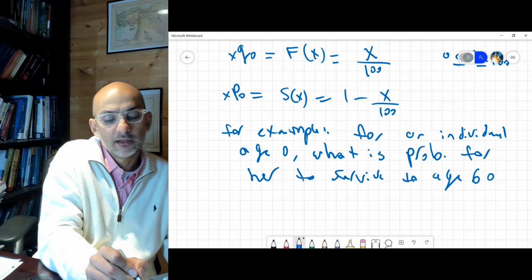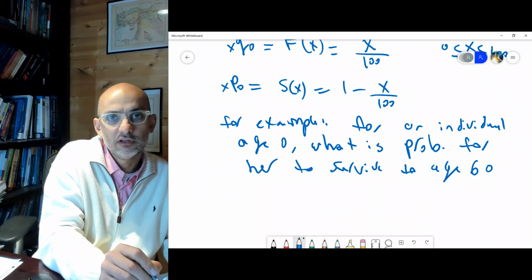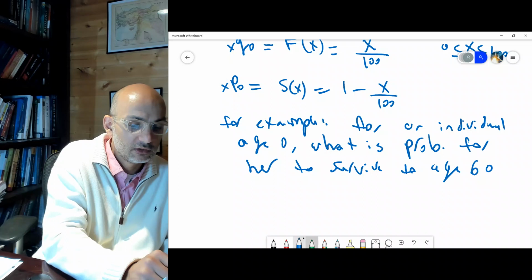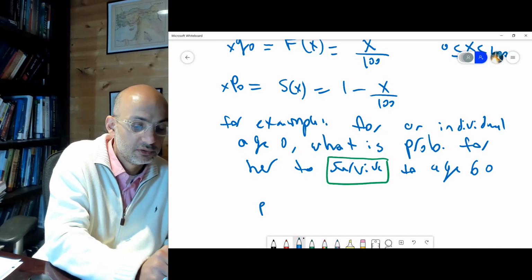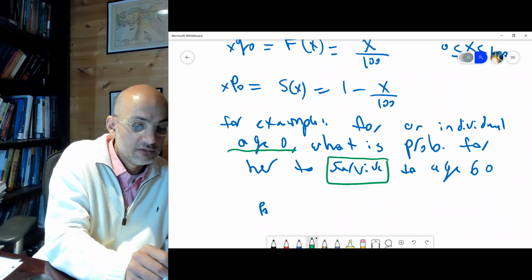So we need the probability for somebody age 0 to survive to age 60, right? And in notation, here it is survive, so we need to read carefully. Survive is p, so 60p0, because at age 0 to survive to age 60.